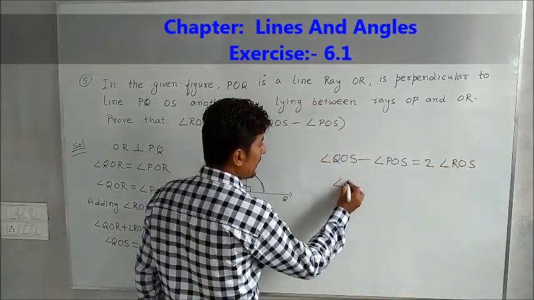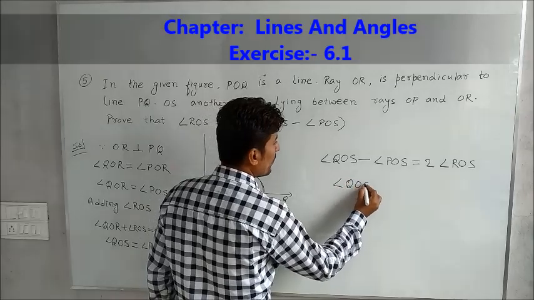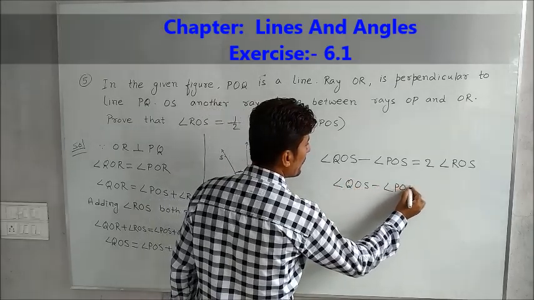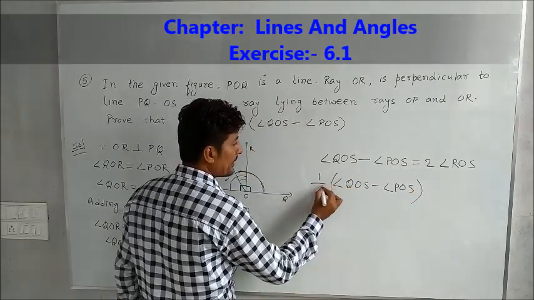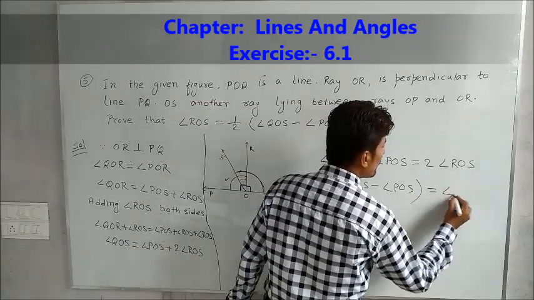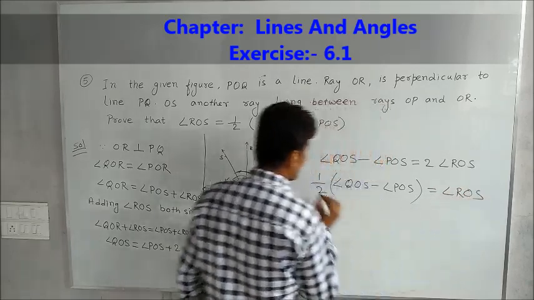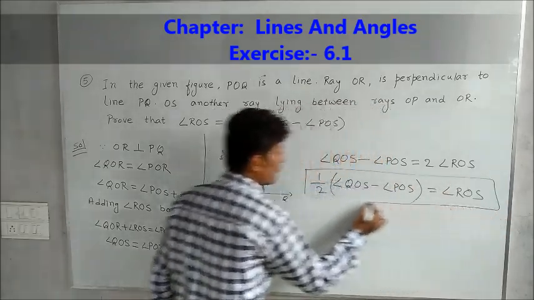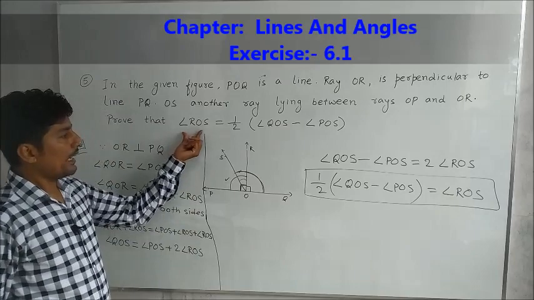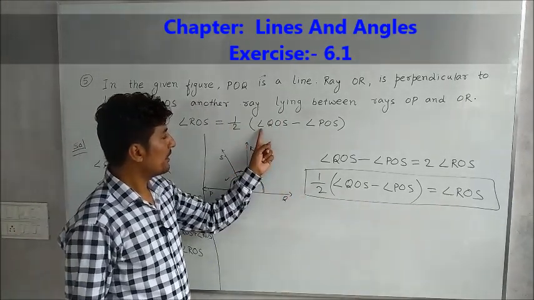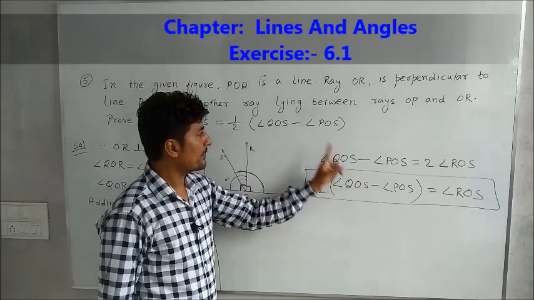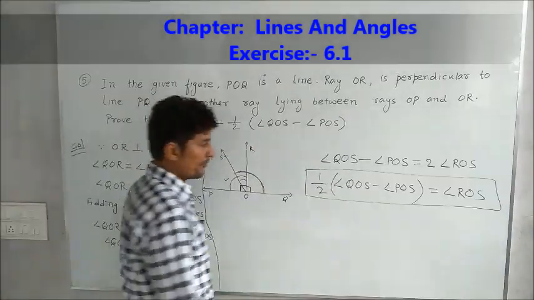After that, we write angle QOS minus angle POS inside the bracket. Now 2 goes to this side, so we can write 1 upon 2 equals angle ROS. So angle ROS equals 1 upon 2 multiplied by angle QOS minus angle POS. This is proved.